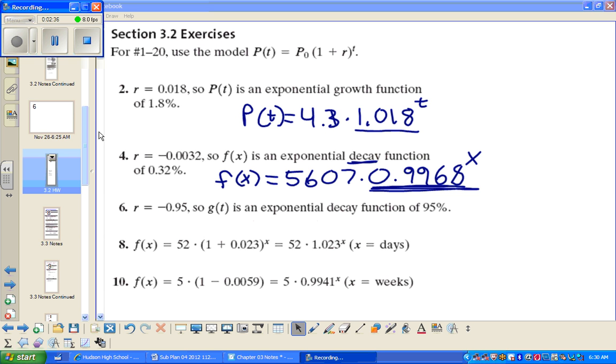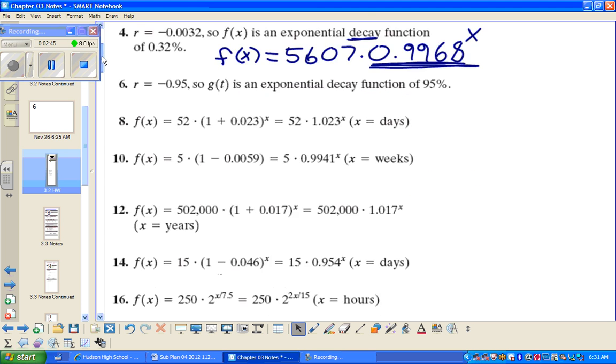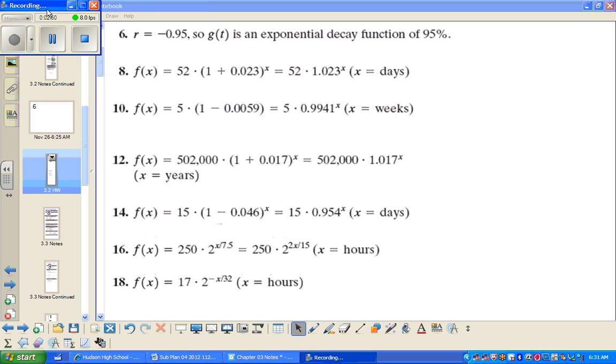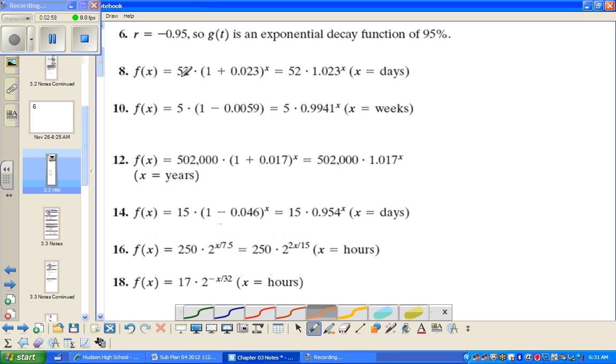For 8 through 18, the instructions were determine the exponential function that satisfies the given condition. So you can look over some of these answers here. Number 8, you were told the initial value was 52. So that's that first number that you multiply by. It's increasing at a rate of 2.3% per day.